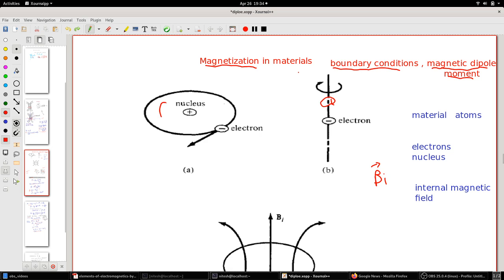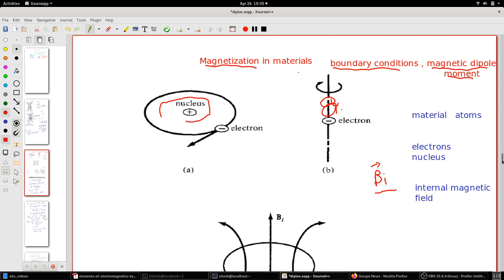Another motion is electrons spinning around their own axis. These two motions cause the generation of something called the internal magnetic field, B_I.